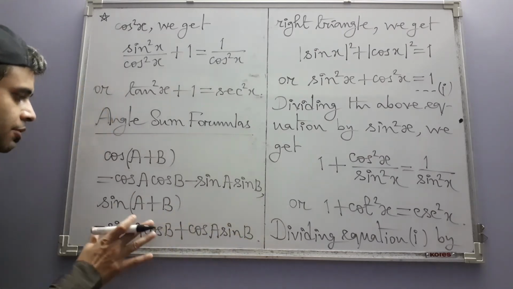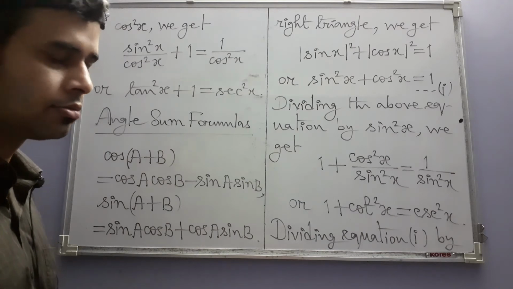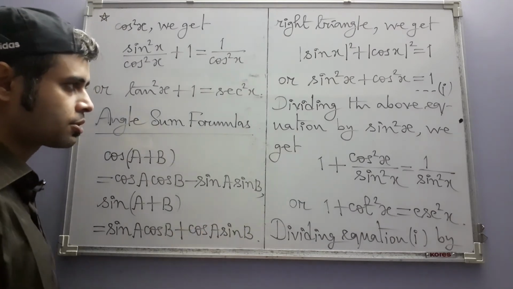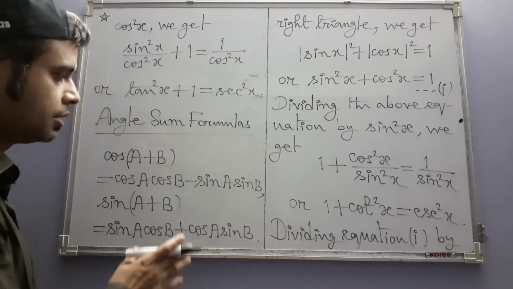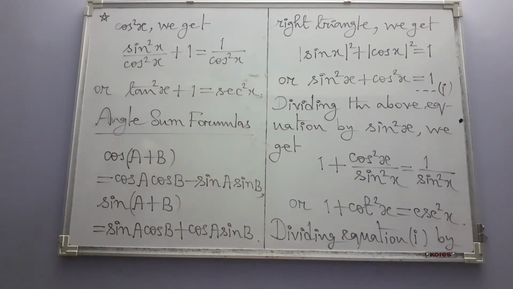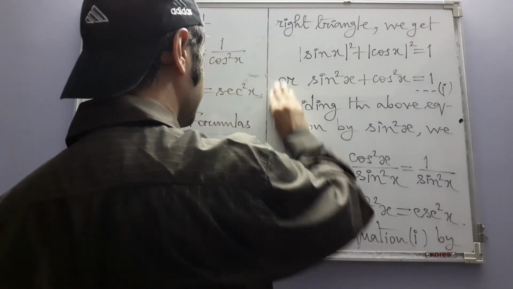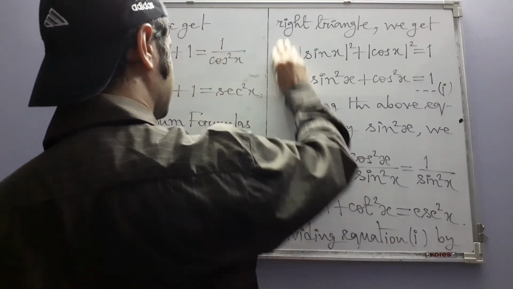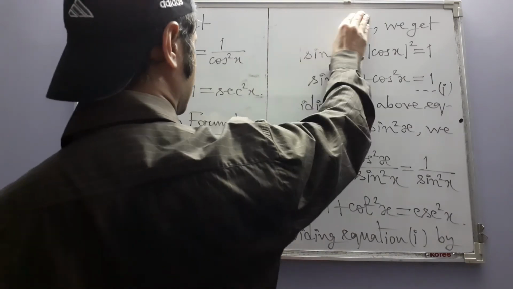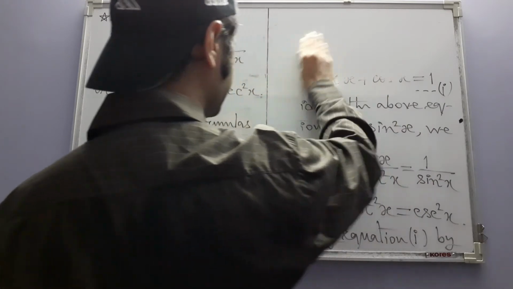The proofs of these two relations can be found in any trigonometric course or any trigonometric book which has these things, or you can also try to find it yourself by going through the definition and looking at, for example, special values of a and b. That will give you an idea of why the general one is true.